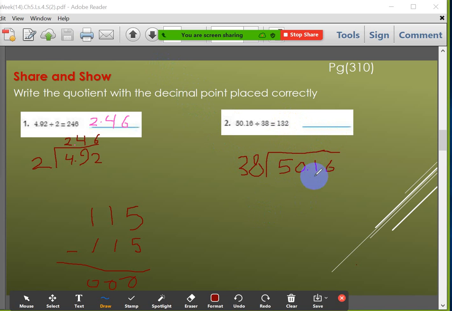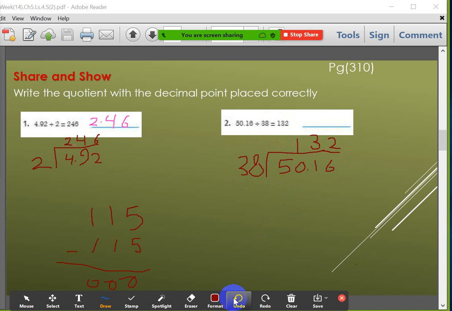That means, look, if you divide 5 by 3, can I divide 5 by 3? No, I have to take that 0. That means I will divide 50 by 38. That means this one will be in the ones digit, then 3, then 2.